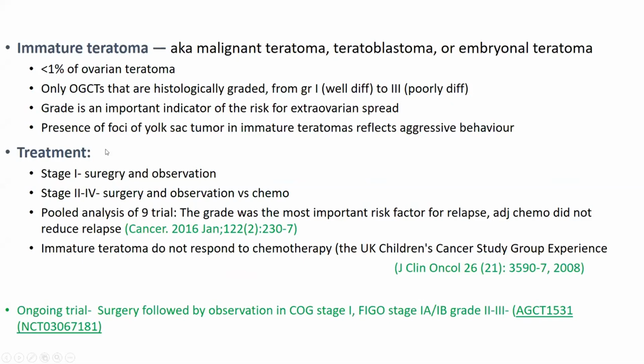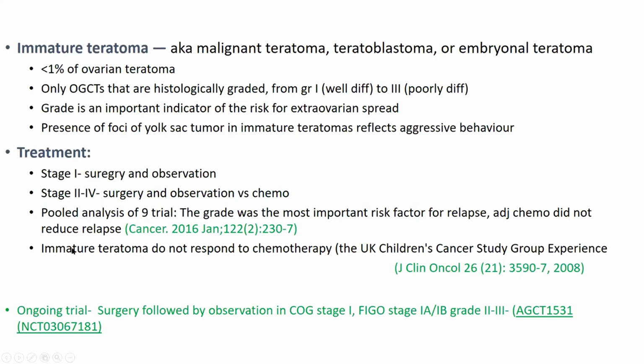So coming to the treatment of immature teratoma, generally surgery is sufficient for all the patients for all the stages. So stage 1, we have evidence that surgery followed by observation is sufficient for treatment of immature teratoma, but there are no definitive data for treatment of stage 2 to stage 4. Many people have tried surgery followed by observation, and many have given chemotherapy based on the other histologies.